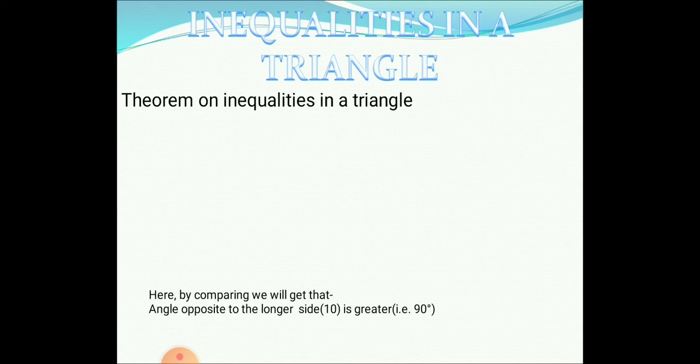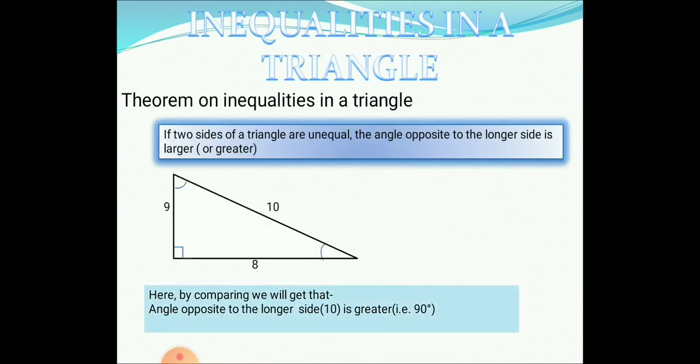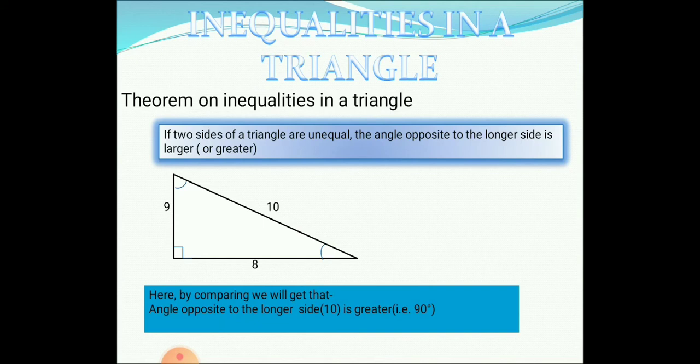Now next is inequalities in a triangle. Theorem on inequalities in a triangle: if two sides of a triangle are unequal, the angle opposite to the longer side is larger. See in the figure.